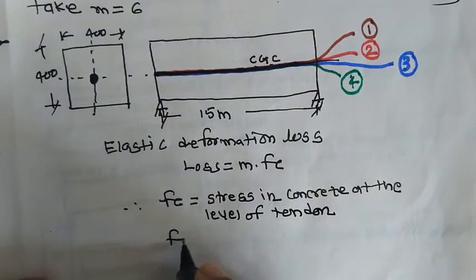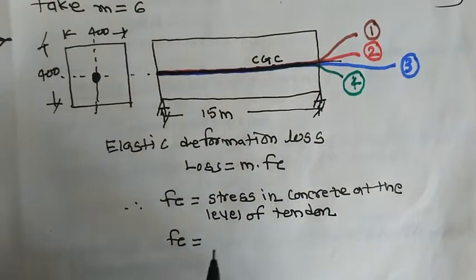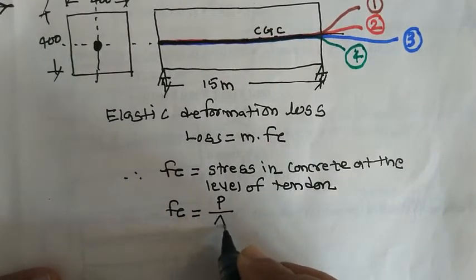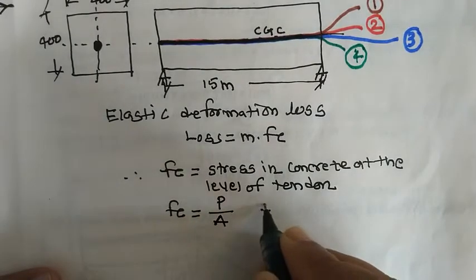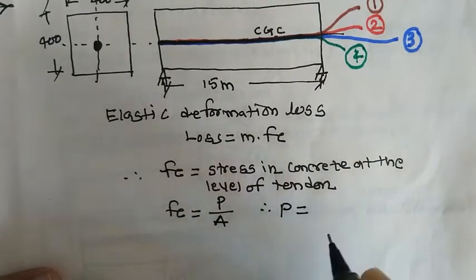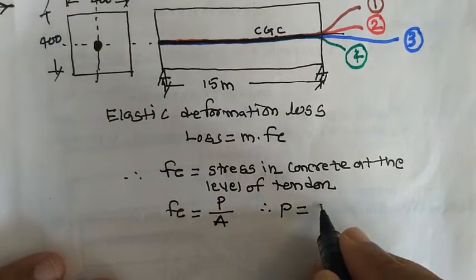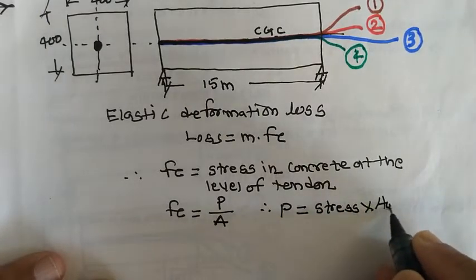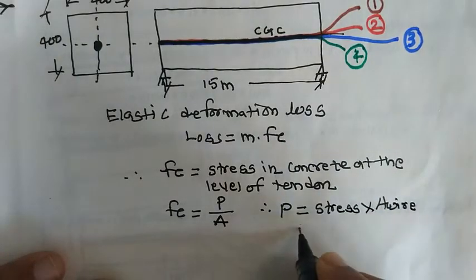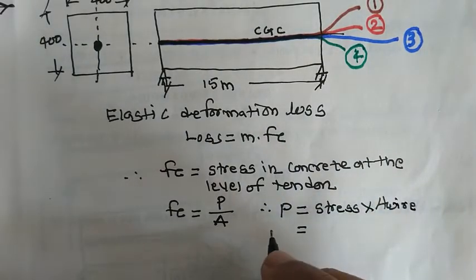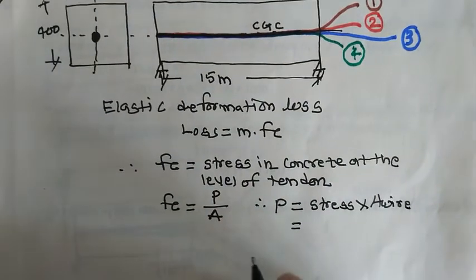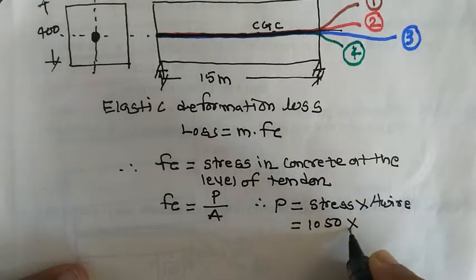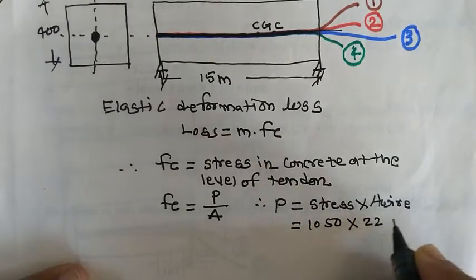The tendon is concentric, so the fc is subjected to only the P by A term. P is equal to the pre-stressing force, which is equal to the pre-stress multiplied by the area of wire. In this problem you are stretching only one cable at one time, so pre-stress is 1050 and you have to put the area of only one wire.